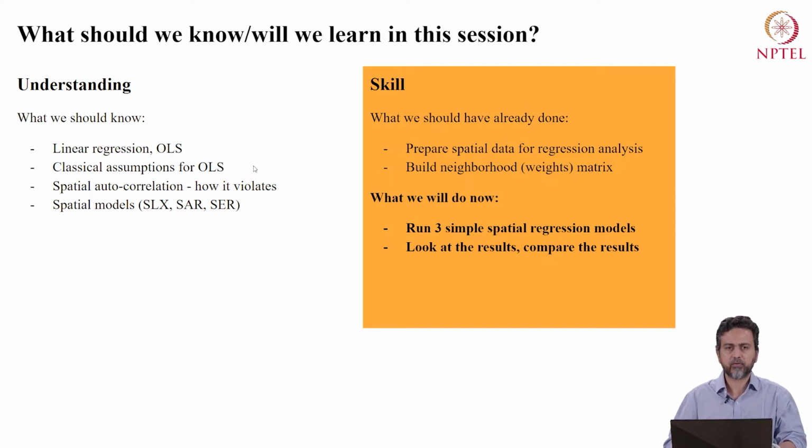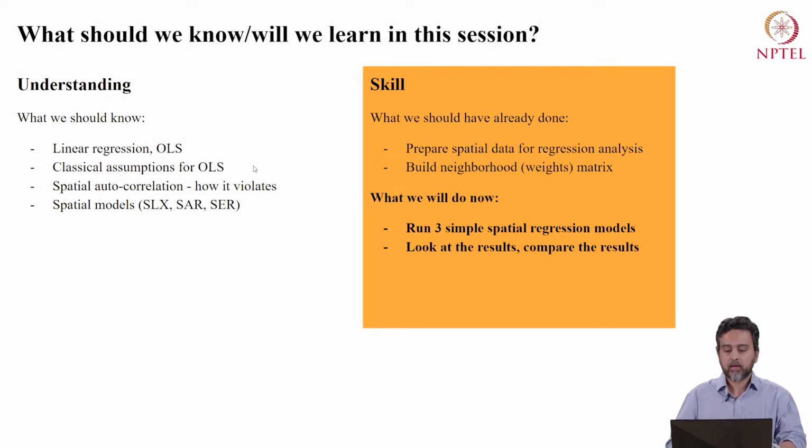I will briefly review these steps for those of you who might have missed the last session. If you did miss the last session, I encourage you to pause the video now, go back and watch that session, which was session 8, which was part 1 of spatial regressions, so that you have a firm and clear grasp of how to prepare the data for regression analysis and how to build your weights matrix, your neighborhood or your adjacency matrix.